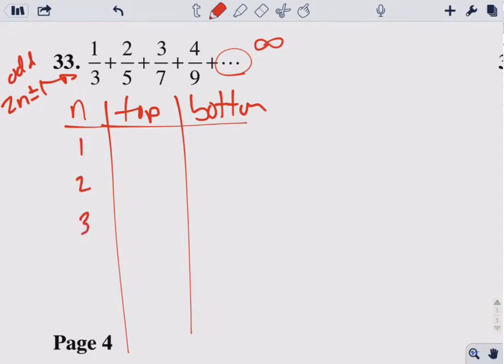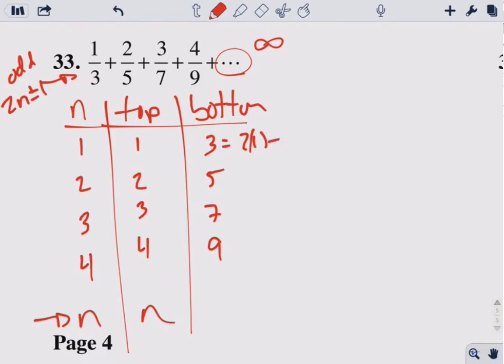The top is 1, 2, 3, 4. So for n, that's just n. The top is n. For the bottom, it's 3, 5, 7, 9. That looks like 2 times 1 plus 1, 2 times 2 plus 1, 2 times 3 plus 1, 2 times 4 plus 1.